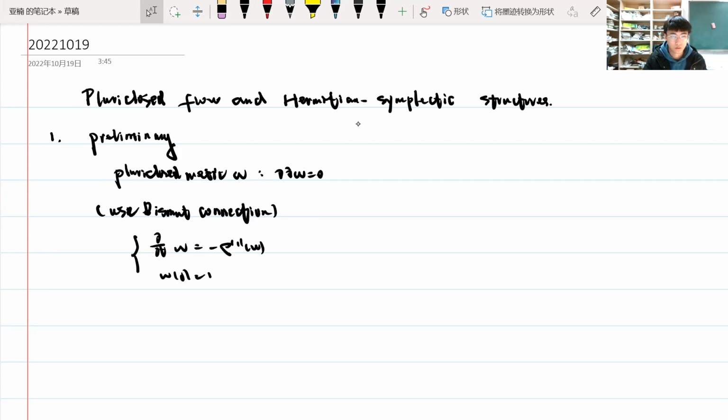ω values. Here, ρ^{1,1} is the (1,1) part of the Bismut Ricci form.